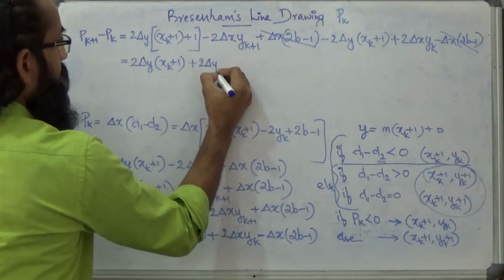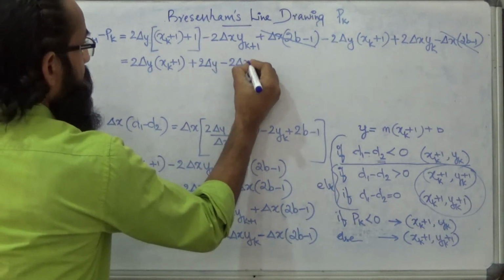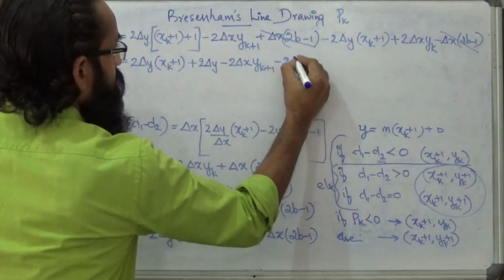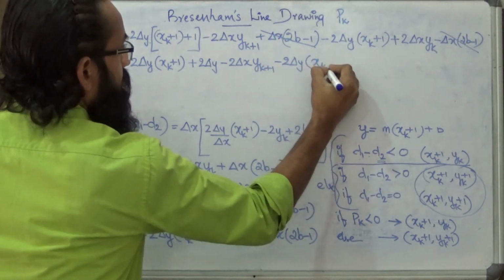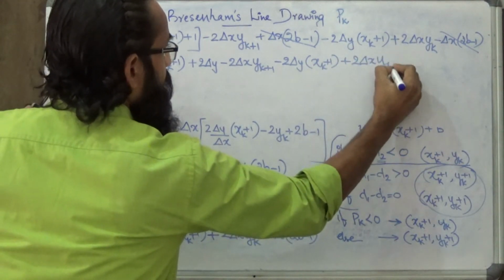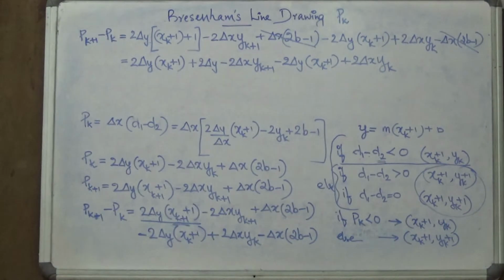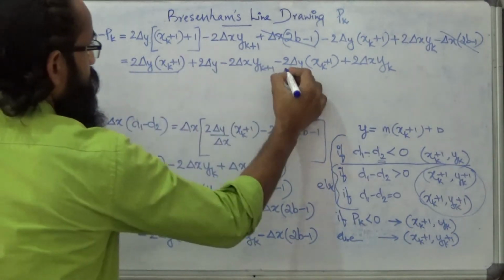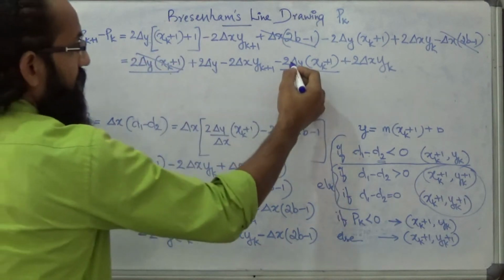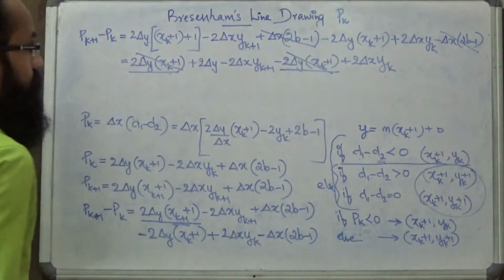So 2 delta y minus 2 delta x yk plus 1 minus 2 delta y xk plus 1 plus 2 delta x yk. So from here you can cancel these two, 2 delta y xk plus 1 and minus 2 delta y xk plus 1.